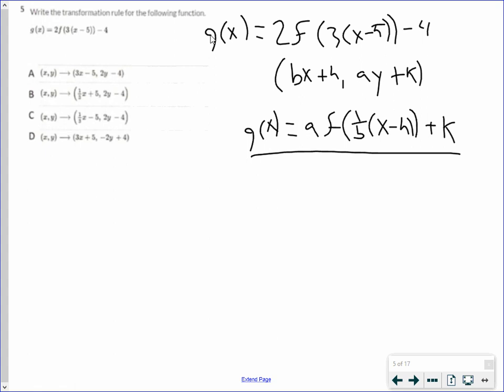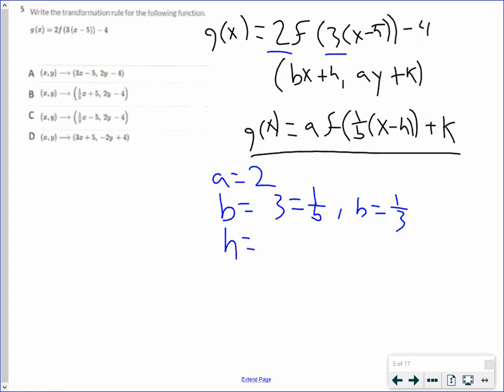From our g of x, we can see our a is 2. Our b, remember, it's 1 over b, so we want 3 to equal 1 over b. If we solve this out, we get b to be 1 over 3. Our h is what's in here.